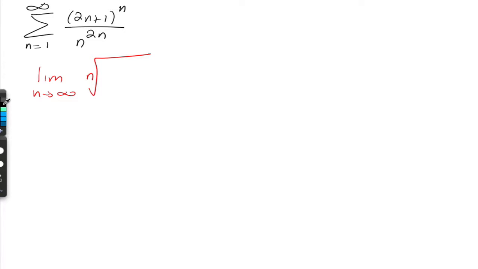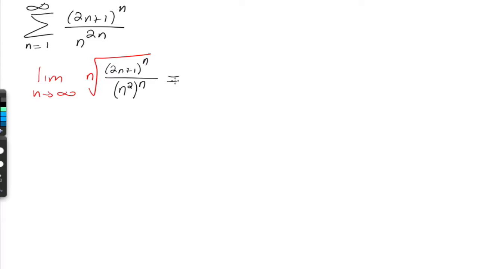So then we have 2n plus 1 to the n over n to the, well, it's n to the 2n, right? So how about if I rewrite it as n squared raised to the n?